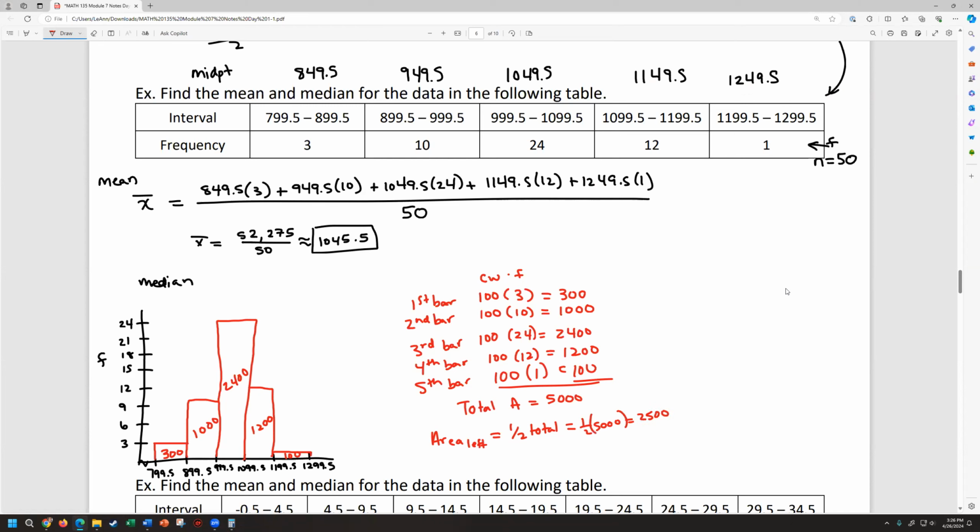Okay. Now, why is that number important? That's the number that helps us know how many bars to shade. So if I shade the first bar, I've accumulated 300. If I shade the second bar, I've accumulated 1,300. So if I add 1,300 to 2,400, I'm going to be over my middle. So that means I'm not going to be going all the way into this.